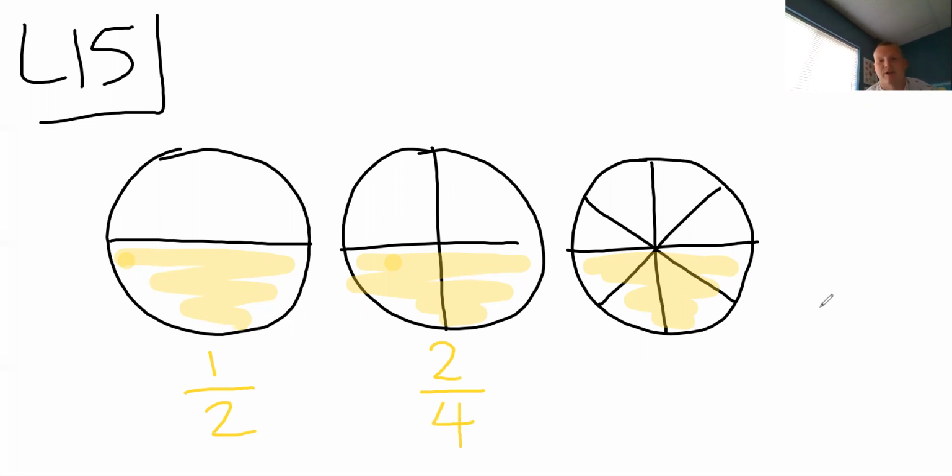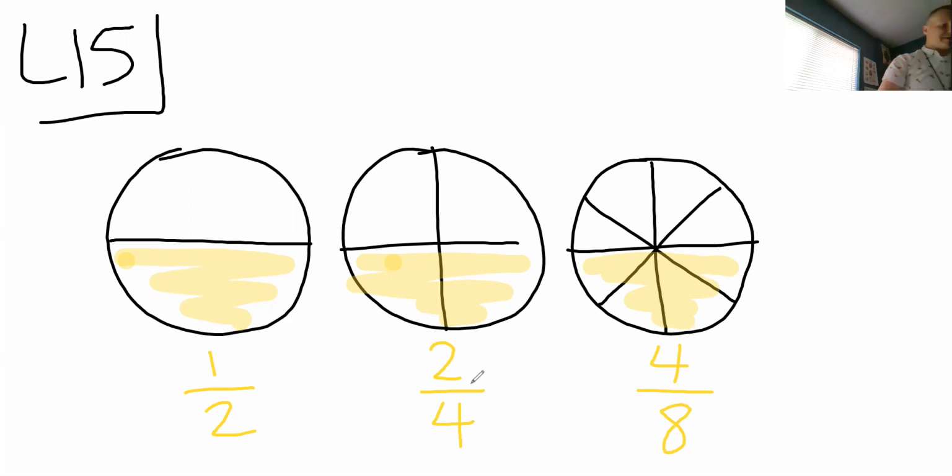And then Caleb, how much of this one is? 4/8, yep. I could have done 3/6. So equivalent fractions are all equal to each other because they all reduce to the same number. Okay, so that is what we're doing for equivalent fractions.